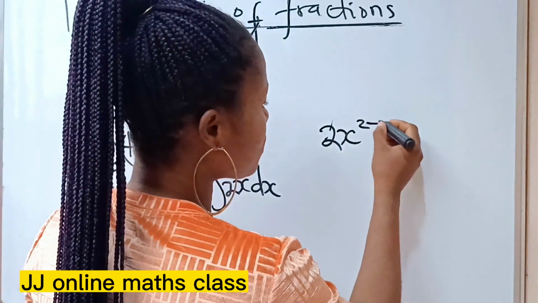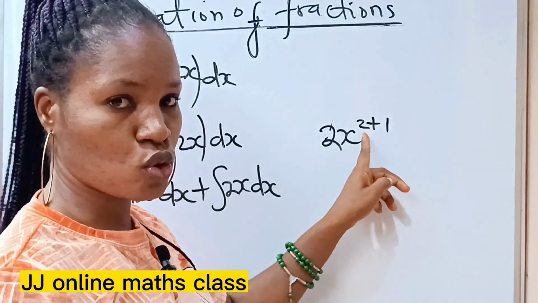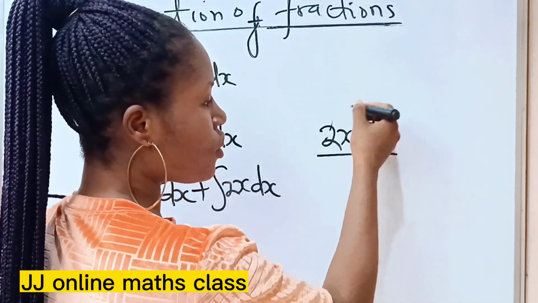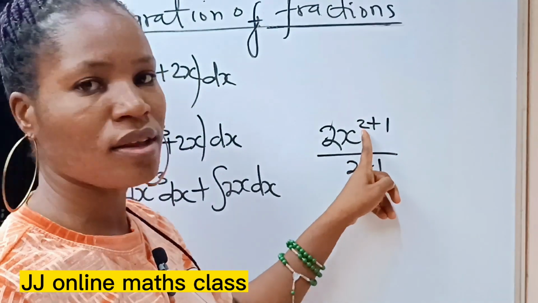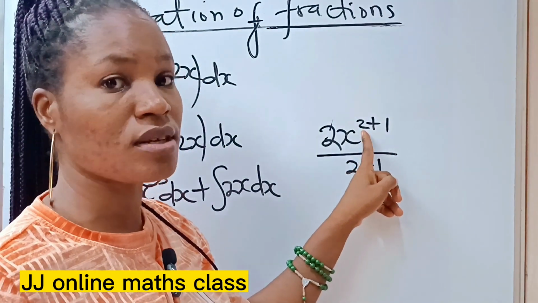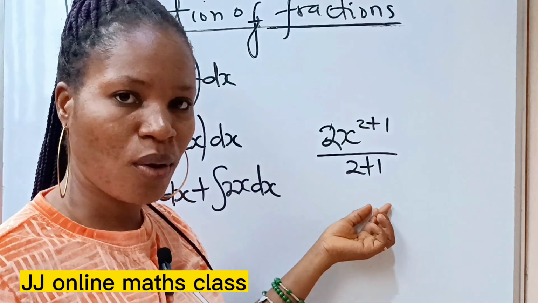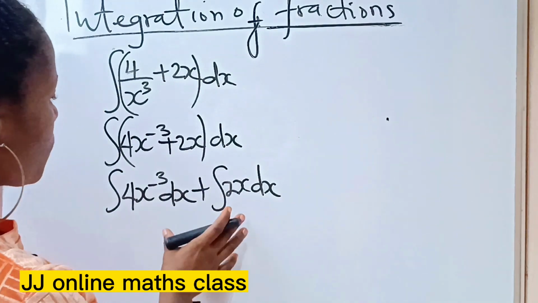So we are going to add 1 to the power of our x. In this case, we are adding 1 to 2, and dividing by the new power, which is 2 plus 1. So you add 1 to the power of your x, or y or t, depending on your variable, and you also divide by the new power.